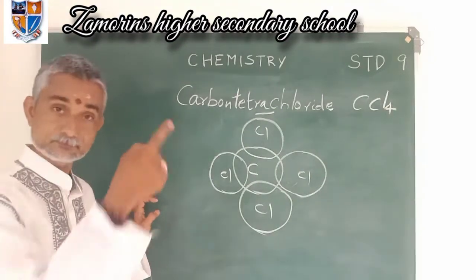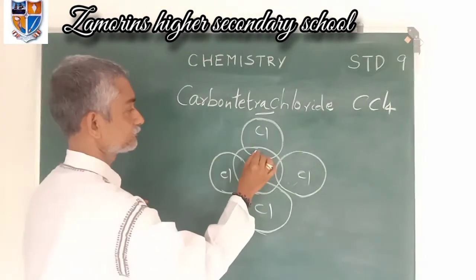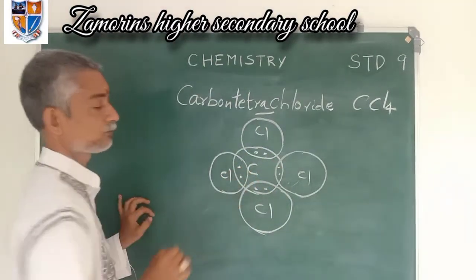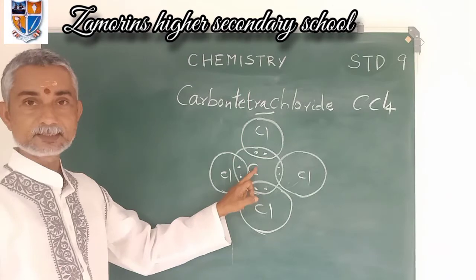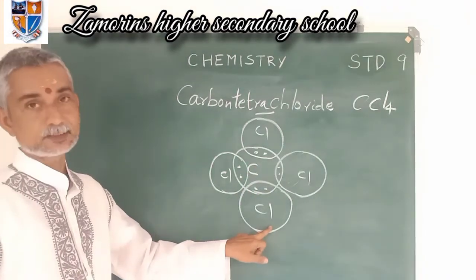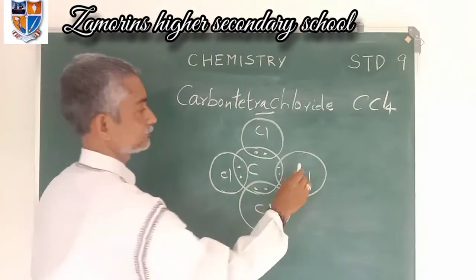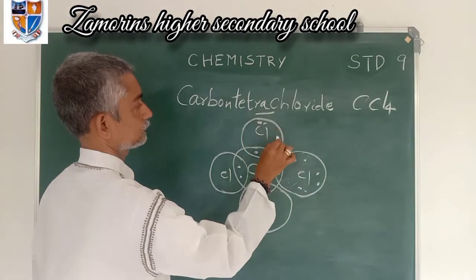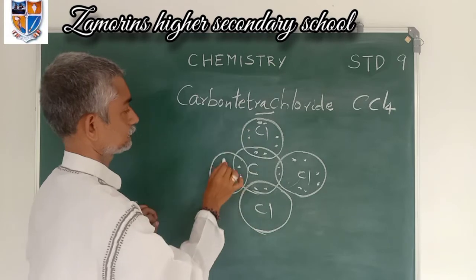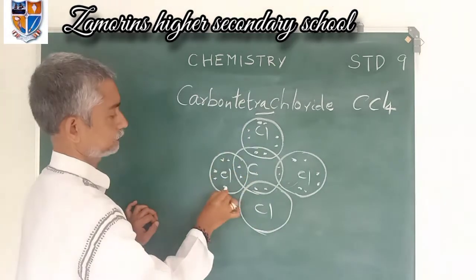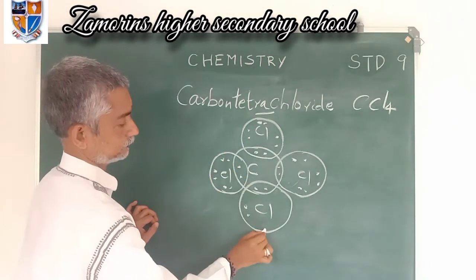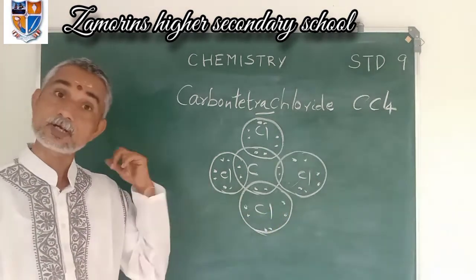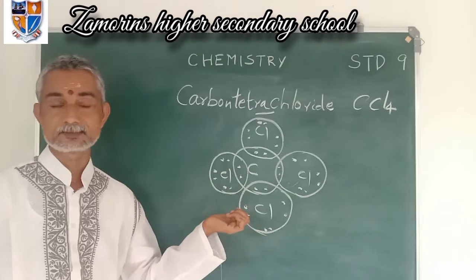By pairing electrons here, one electron is carbon's and one is chlorine's electron. See, this is the structure of carbon tetrachloride.